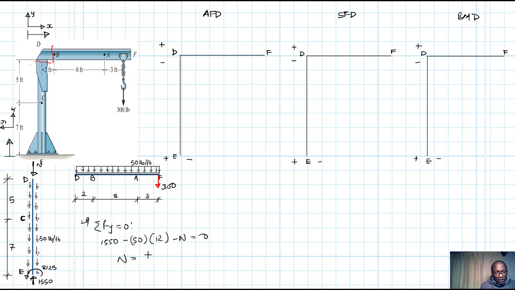So this gives you 950. Therefore this value is 950.